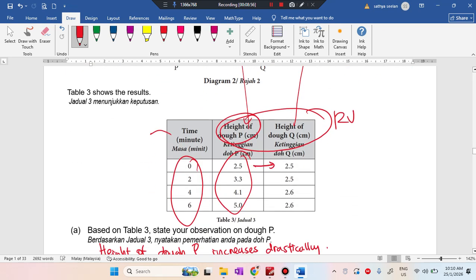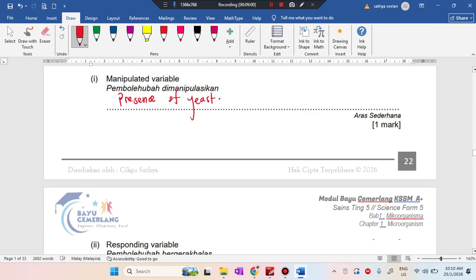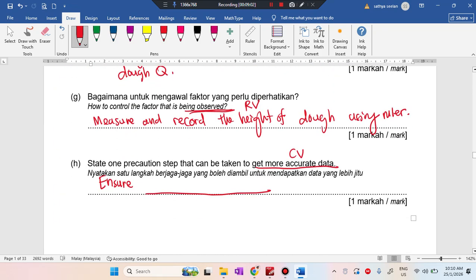See the initial mass 2.5. So ensure the initial height of dough P and Q are the same. Initial height is better.